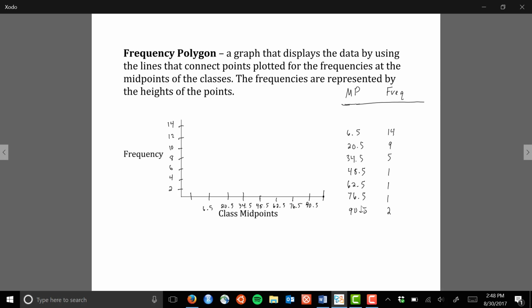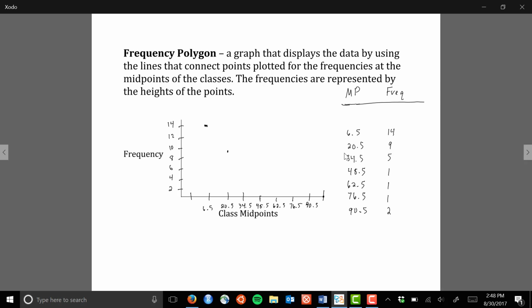Once I've created the y-axis scale and the x-axis scale, I can now start placing dots that correspond to the midpoint and frequency of each one of the classes. I want to place a dot that corresponds to a midpoint of 6.5 and a frequency of 14. So that would be right about there. The next dot corresponds to a midpoint of 20.5 and a frequency of 9. That's going to correspond to a dot right about there.